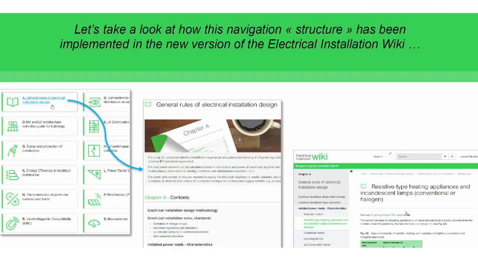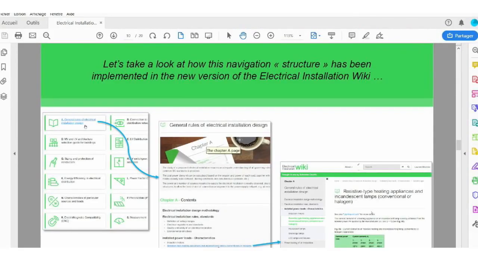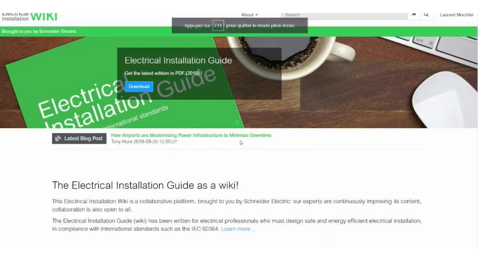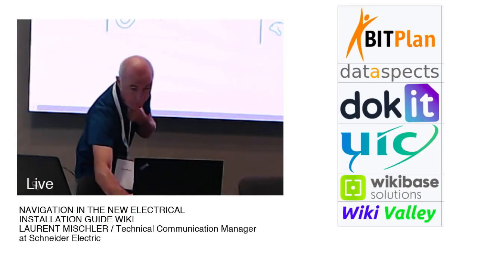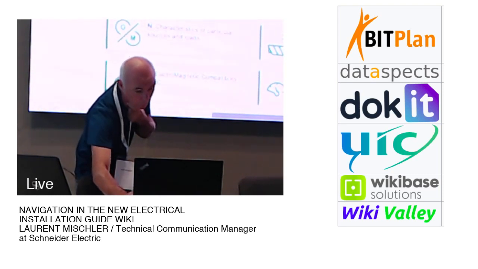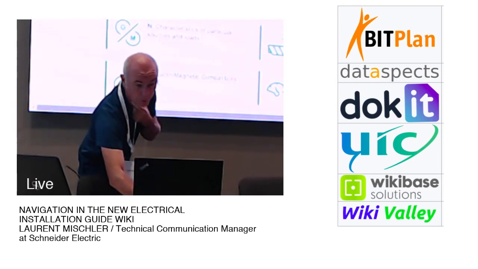So I'm going to show you, and that's why I connected my computer, how this works. It's still in a pre-production environment. So let me switch to it. Okay, so that's the home page, and if I browse through the page, I find here the table of contents with those chapters.